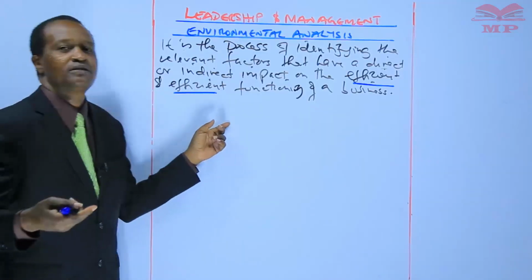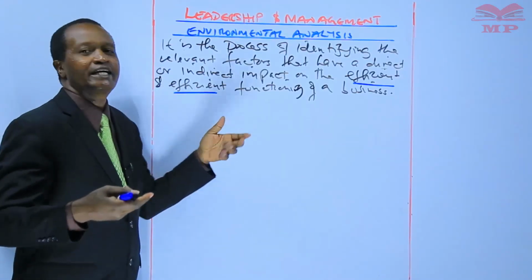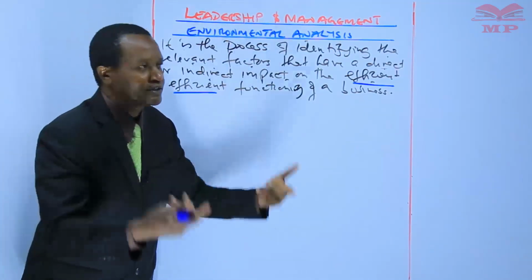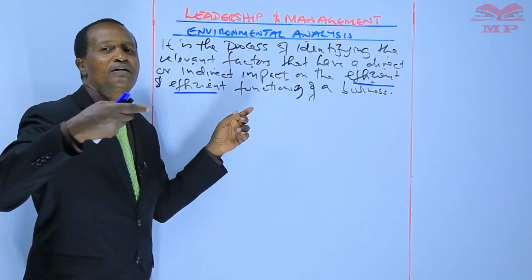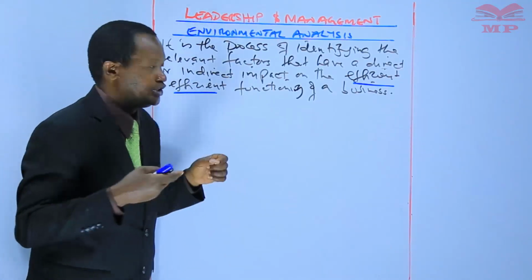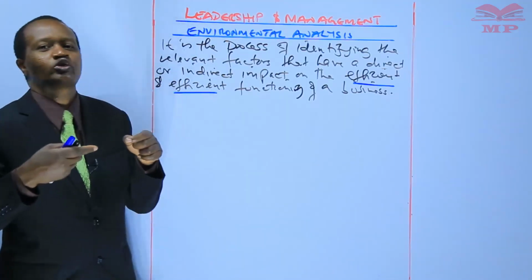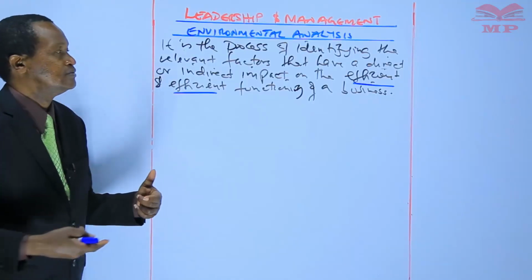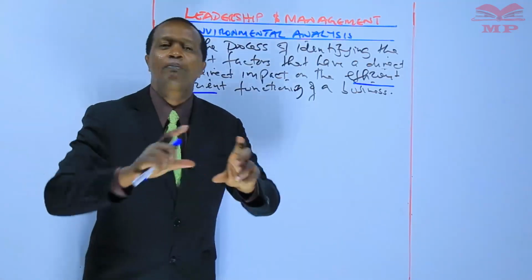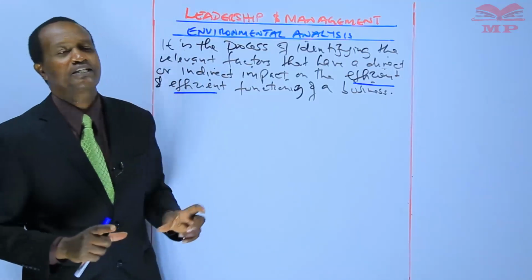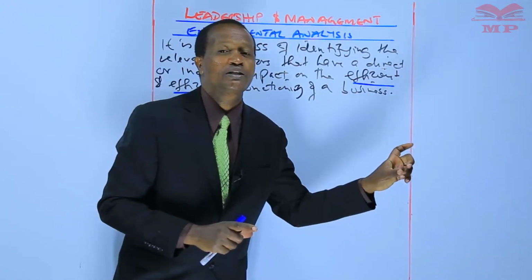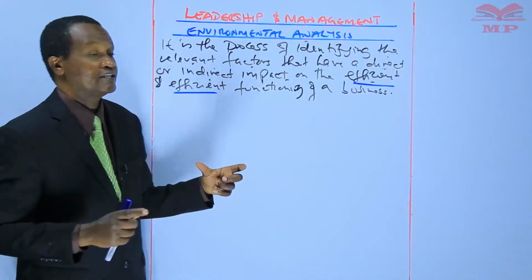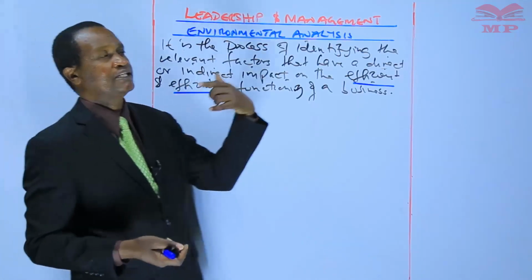And environmental analysis, we can say, helps align what we call strategy or strategies with the firm's environment. A business is an open system, meaning it can affect the environment or the environment can affect the business. No business is an island. A business relies on external forces.